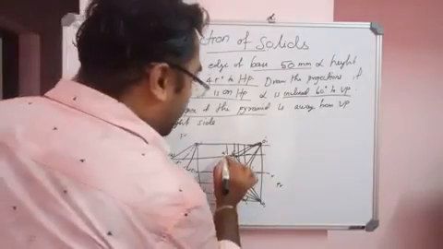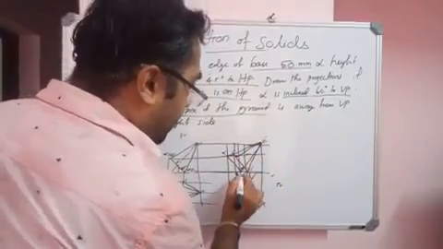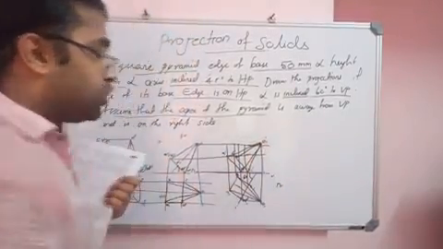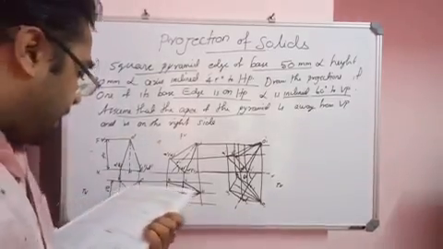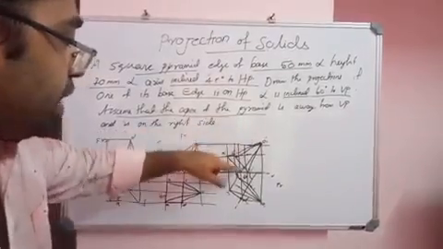So you can see A1 dash, B1 dash to O1 dash, and D1 dash, C1 dash to O1 dash.